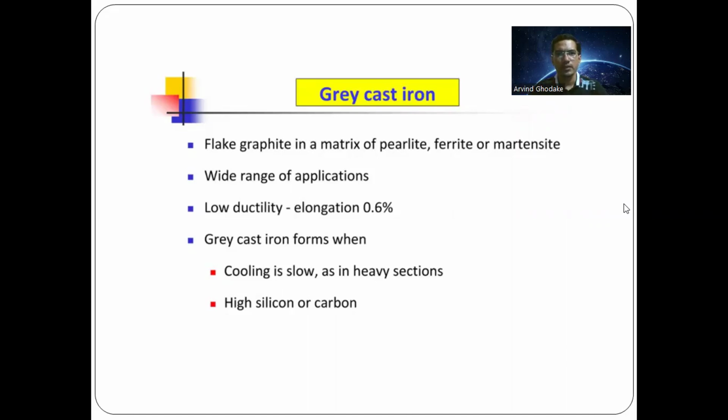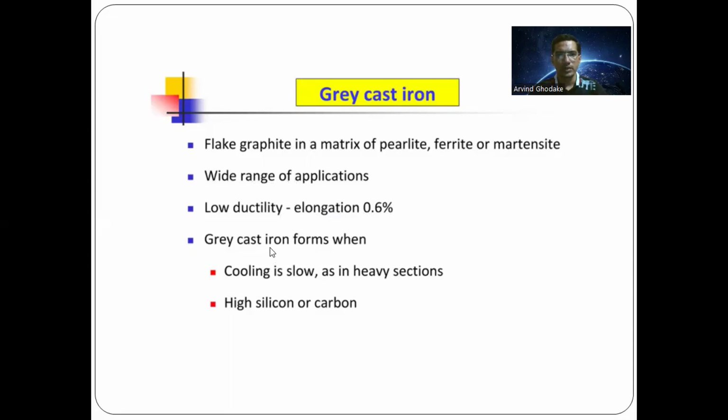In gray cast iron, graphite flakes are present in a matrix of pearlite, ferrite and martensite. Gray cast iron has a wide range of applications. It has low ductility, and elongation is 0.6%.